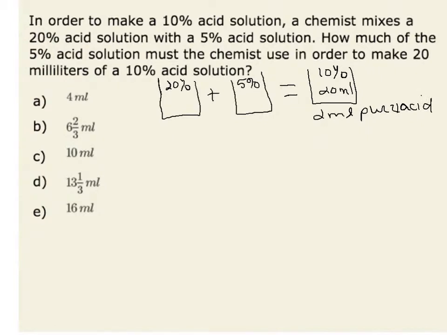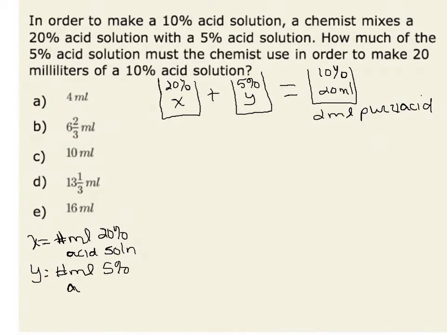Now I'm ready to find two equations that would help me solve this task. I'm going to define some variables. I'm going to let x equal the number of milliliters of my 20% acid solution, and y be the number of milliliters of my 5% acid solution.